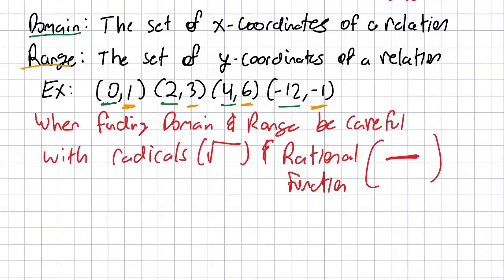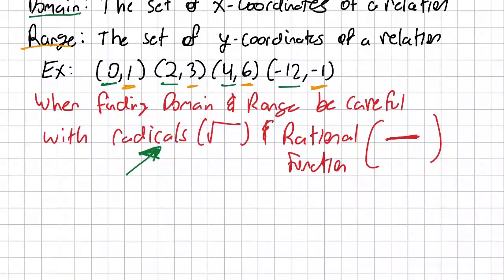Do you guys know what the rule is for radicals? There's one rule you always have to know about radicals. What's the one thing you have to be careful about when you're doing radicals? Very good. You cannot take the square root of a negative number.